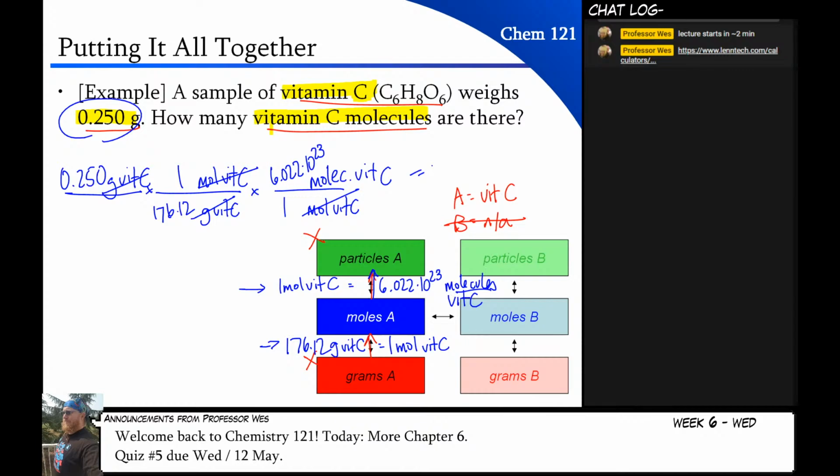So let's punch it in the calculator. I get 8.55 times 10 to the 20. Well, I should just write that down. Molecules of vitamin C.